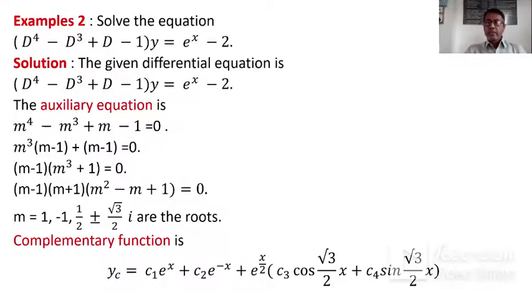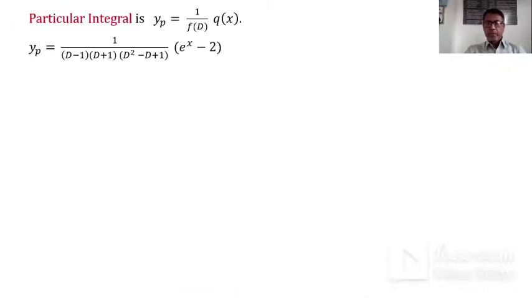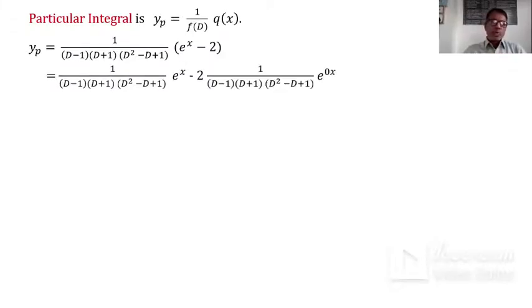Now we are interested to find the particular integral yp. yp is equal to 1 upon f of D operating on Q of x. Here Q of x is e to the power x minus 2, and we operate 1 upon (D minus 1)(D plus 1)(D square minus D plus 1) on e to the power x minus 2. Then we operate this factor one by one.